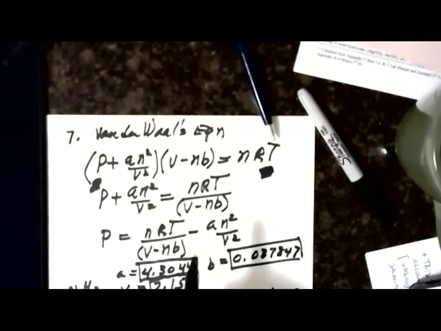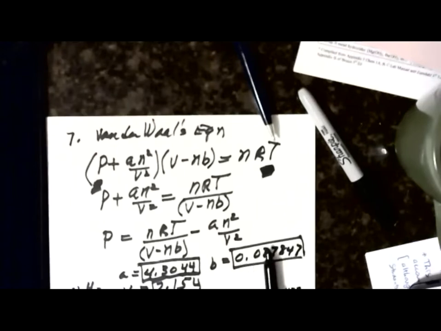Okay, so here's what I'm going to do. I need my answer. So I'm going to take times 0.0821, that's R, times the temperature, which is 573. I did that.